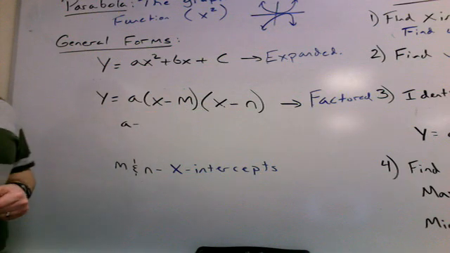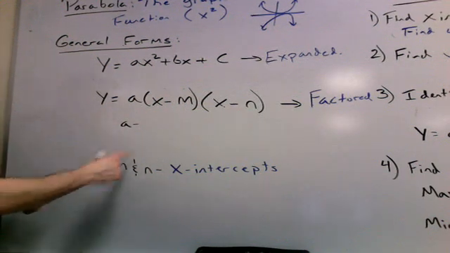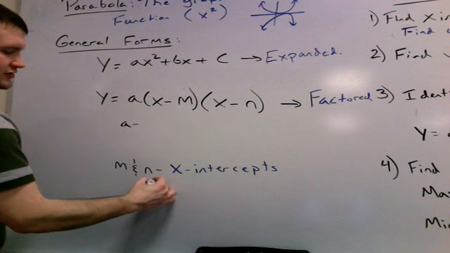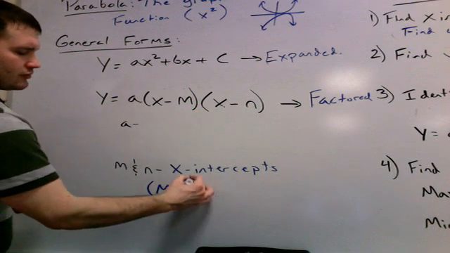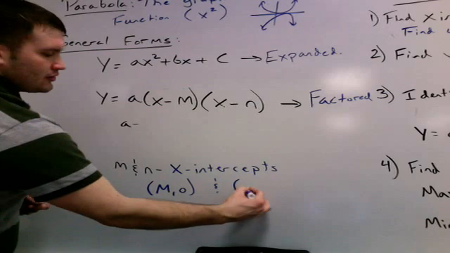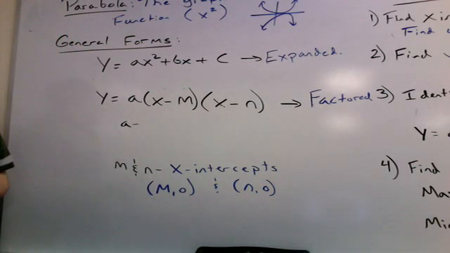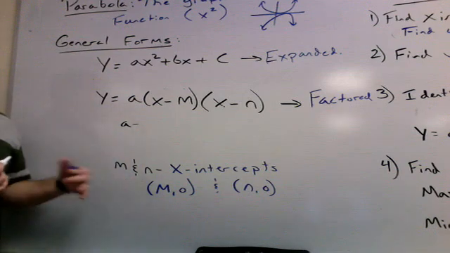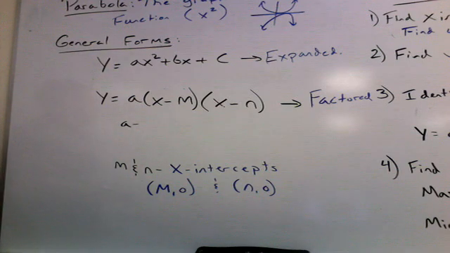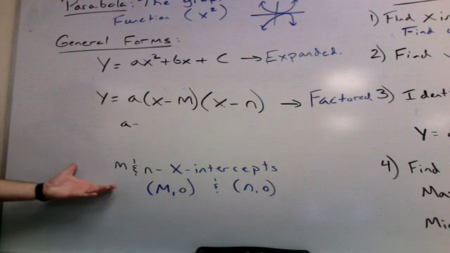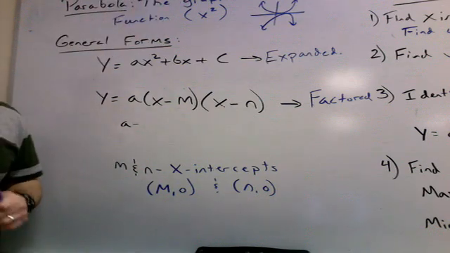In this form, our x-intercepts will be m comma 0 and n comma 0. If you can identify your m and your n, then you've identified your x-intercepts. Or you can set the factors equal to 0. Either way works. This is the shortcut, and that over there is why the shortcut works.